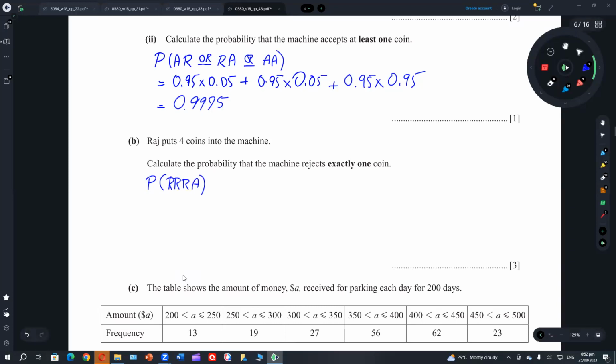So I have made this option. Or what is the other option? I have accepted the 4th coin: reject, reject, accept, reject.